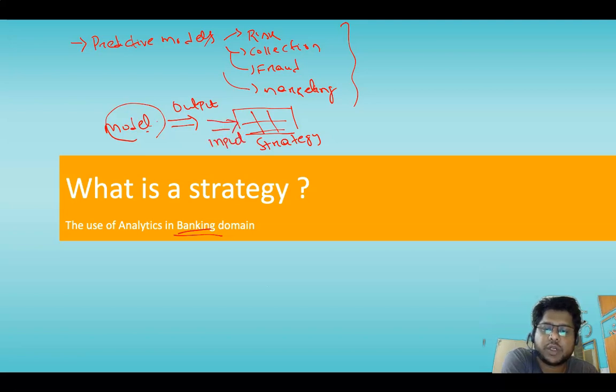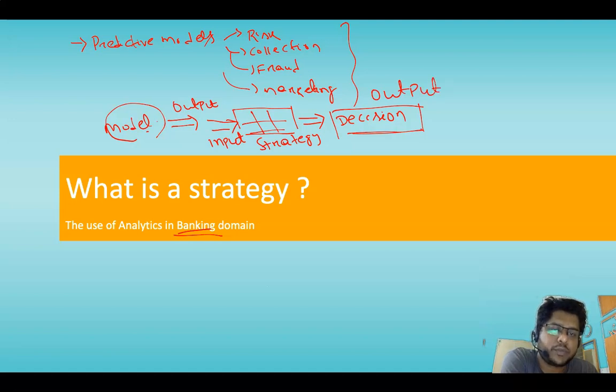The output of the model becomes an input to the strategy along with some other parameters and variables, which gives a decision. And this decision is the final output which has a meaning in the business. Correct? Business doesn't want your model output or strategy output. It requires a decision to be made.